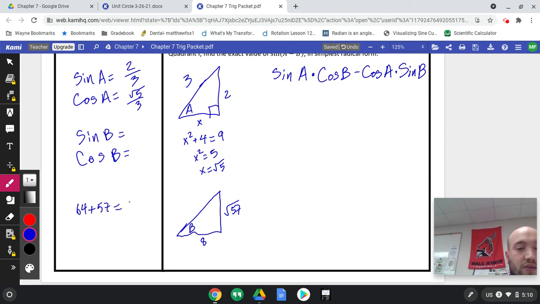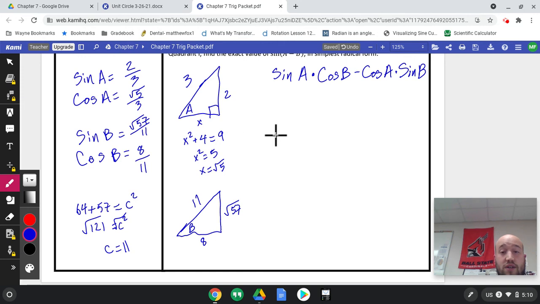If we add those, it'll equal c squared. We add that, we get 121. And hopefully you know the square root of 121 is 11. So we found that missing side to be 11. So now square root of 57 over 11 and 8 over 11 are our two answers.